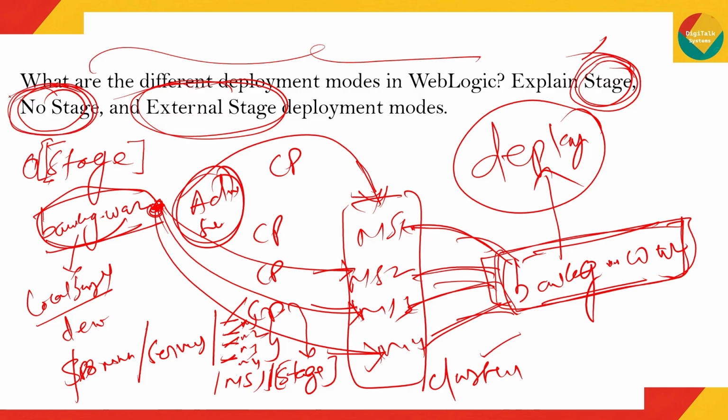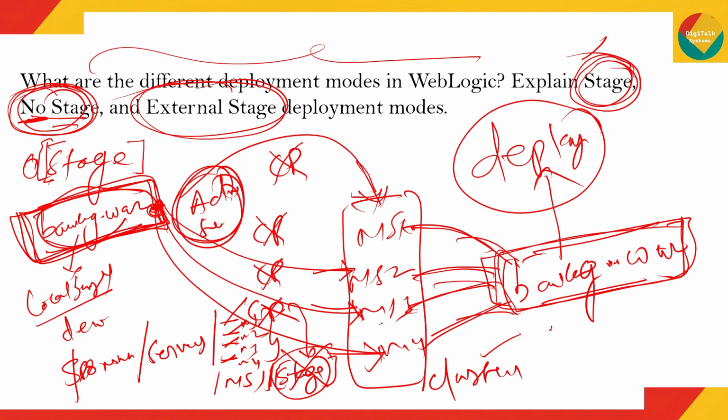What is no stage? It is again very clear. No stage means no need to stage the file. It will be accessible from a single location. So in no stage, the admin server will not copy this file to each and every managed server staging directory. That is called no stage, right? In that case, whatever location you have selected for the deployment, the application will be accessible from that particular location.